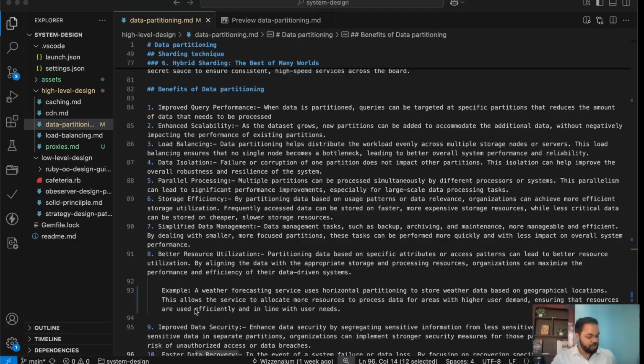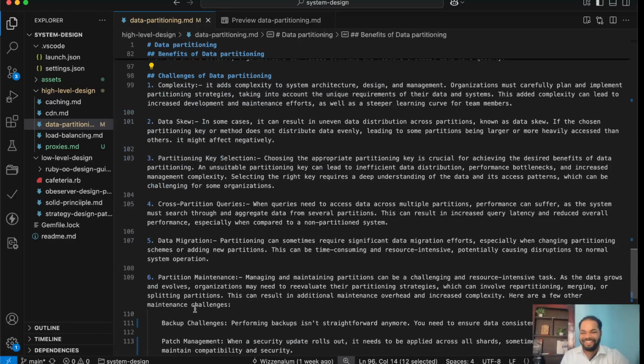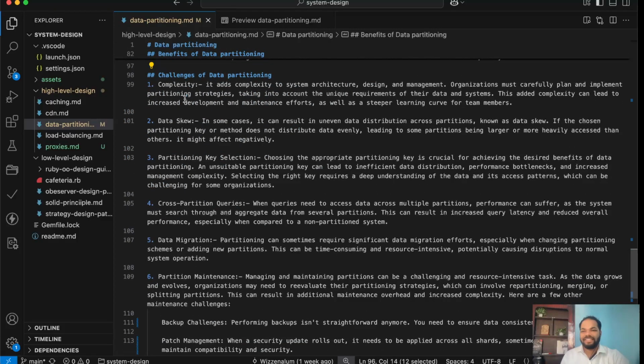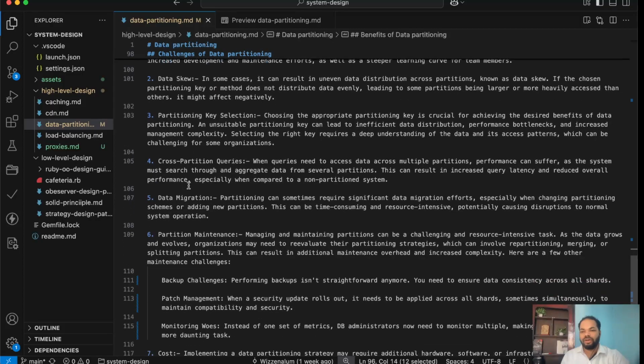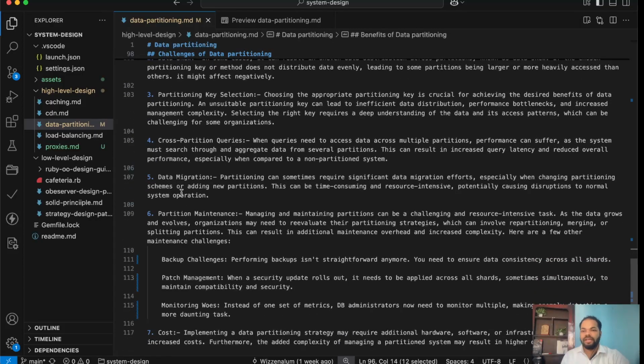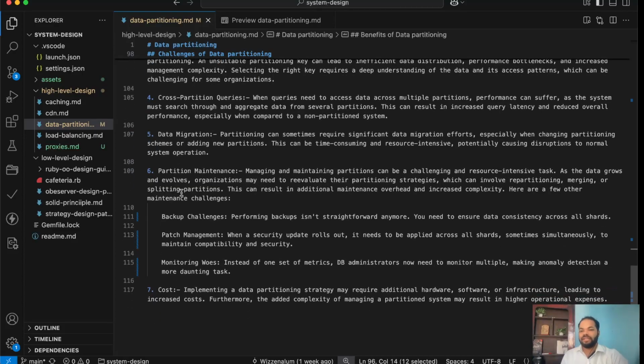Okay, then next one. Yeah, now I forgot. Challenges. So complexity is done, data skew is done, partition key selection is done, cross partition queries are done, then data migration, partition maintenance, and cost. So data migration.